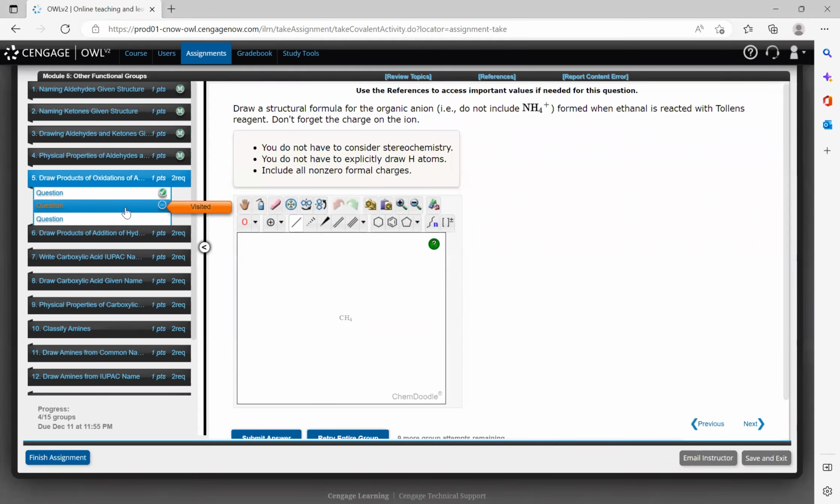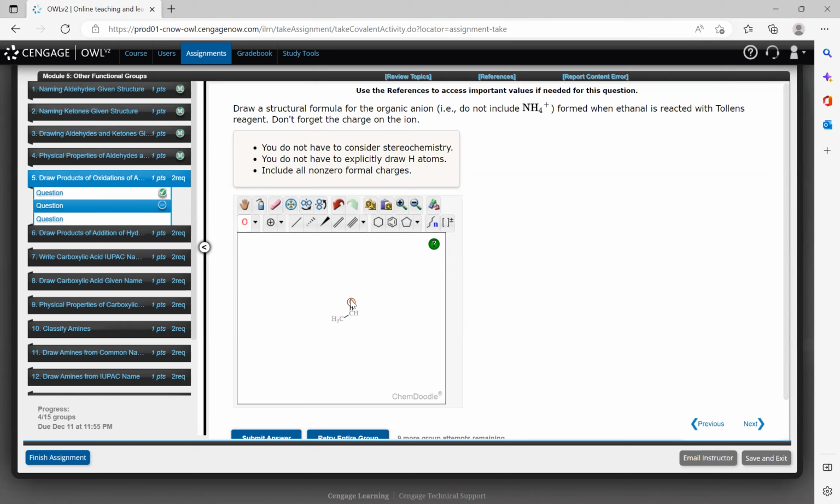All right, next one is the same idea. We're going to be dealing with ethanal, which is going to be an aldehyde. And we're going to see what happens when it reacts with the Tollens reagent. So we're going to draw out our ethanal. And that way you can kind of see what it looks like.